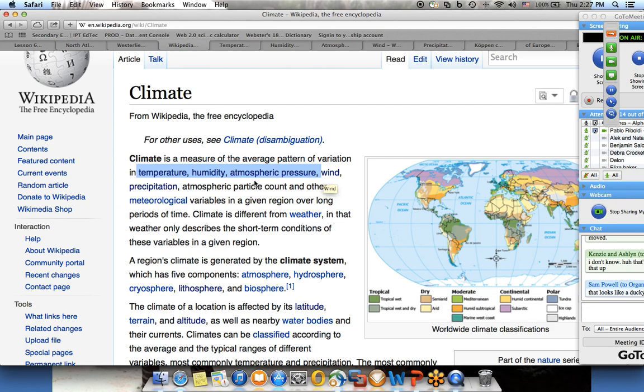and we talked a little bit about atmospheric pressure. We said that it's the weight of the column of air that is above us in the atmosphere. And atmospheric pressure is affected by temperature, okay?